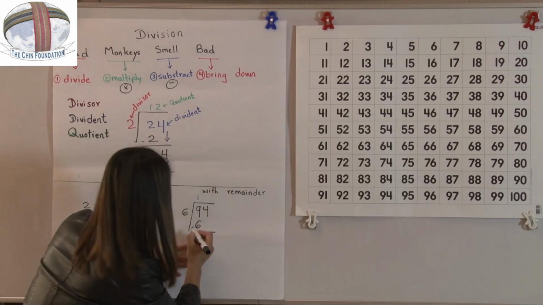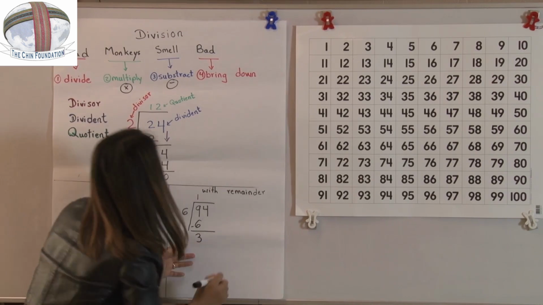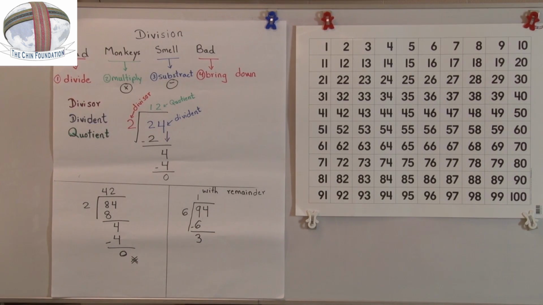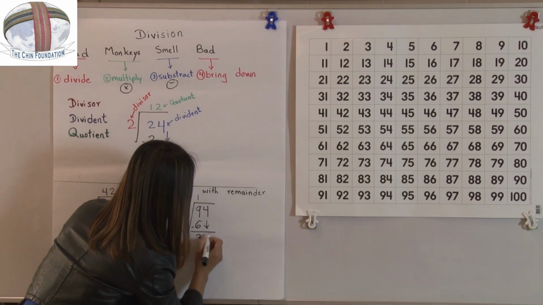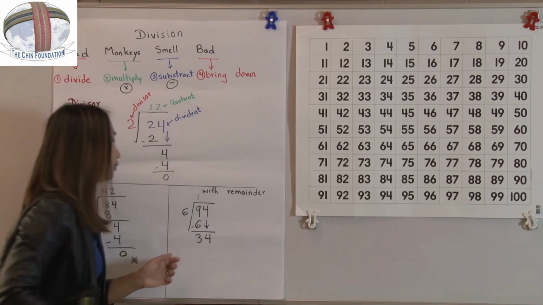How many left? 3. Okay. So 3. What do I need to do for the next step? Bring down. Okay, I need to bring down, which is I bring down 4.